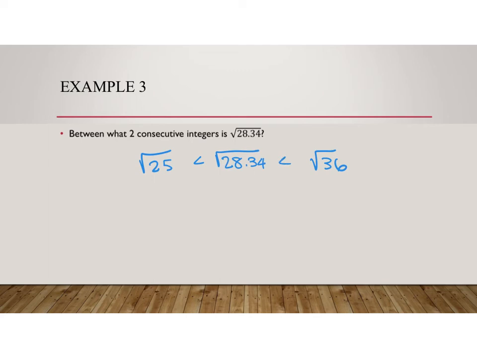So the square root of 25 is 5, and the square root of 36 is 6. So I know that the square root of 28.34 must be in between 5 and 6. And if you really want to know, it is 5.3235, and it continues on.